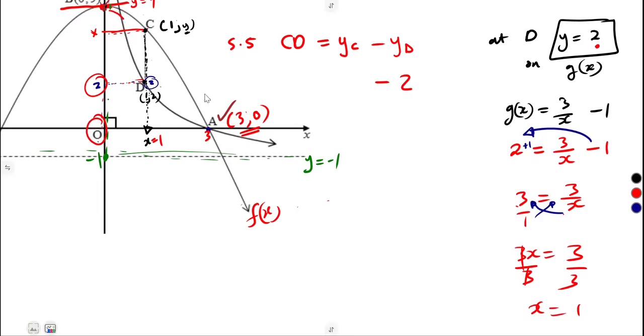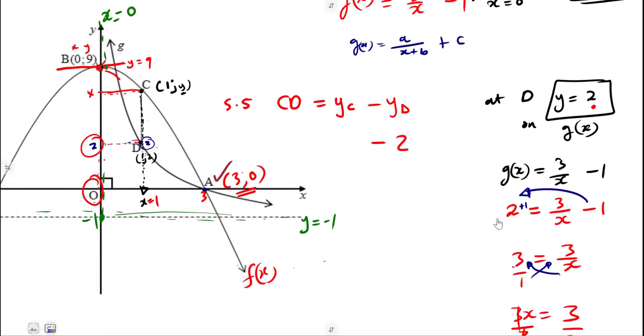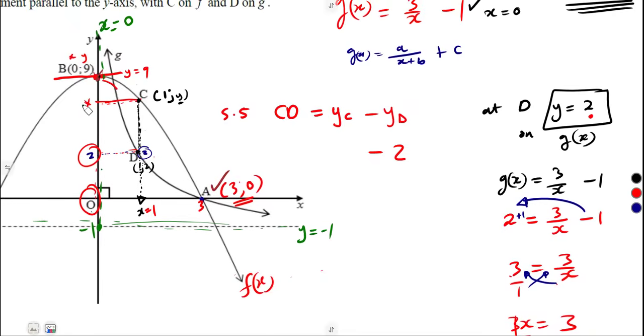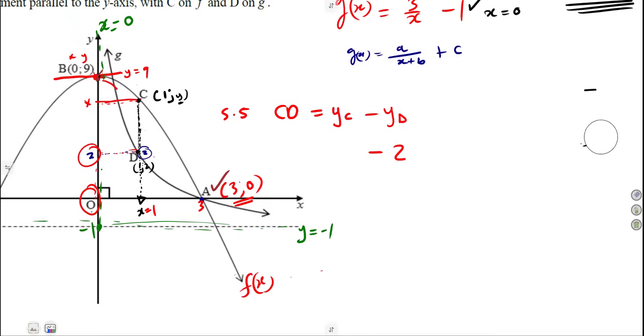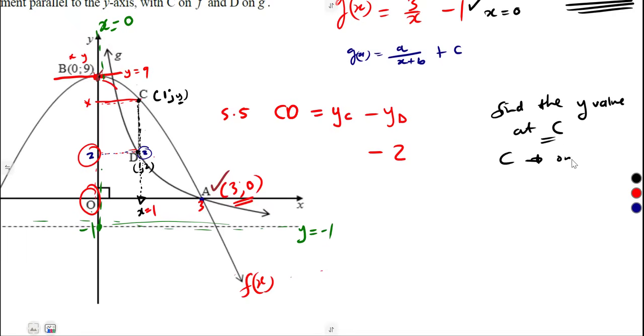We do not know. So that is where now we can use our original f(x), because C lies on f(x). So that is what we need now. We need to find the y value at C, where C lies on f(x).